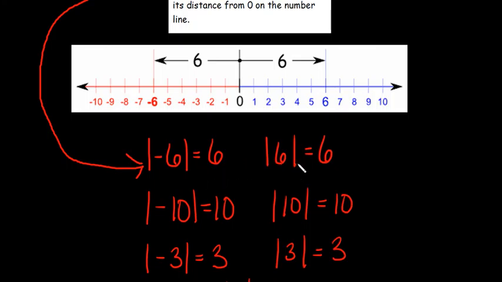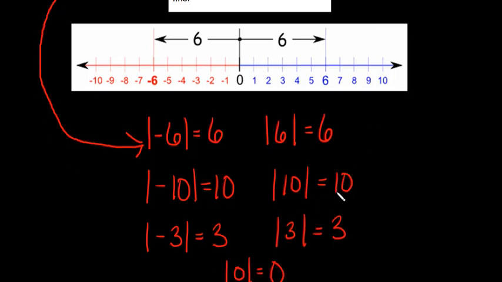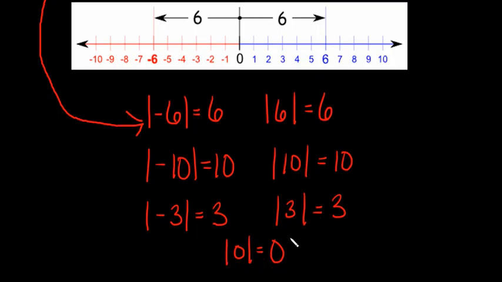The absolute value of 6 is 6 because it's 6 places from 0 on the number line. The absolute value of 10 is 10. Same reason. It's 10 places from 0 on the number line. Absolute value of 3 is 3. It's 3 places from 0 on the number line. And the absolute value of 0 is 0 because it's no place from 0 on the number line.